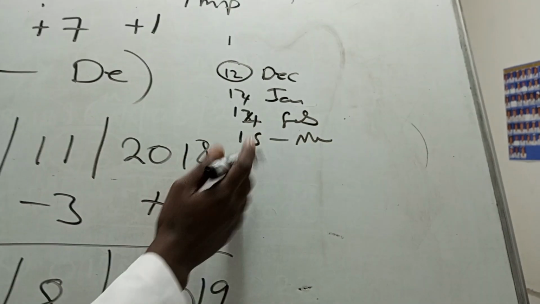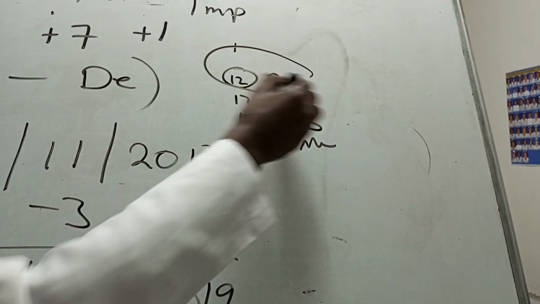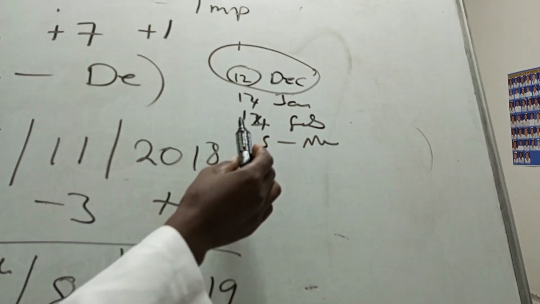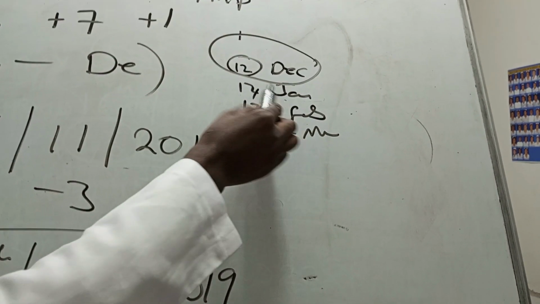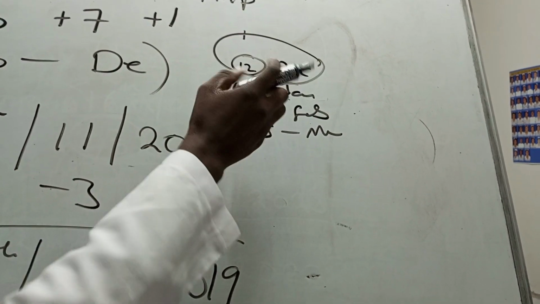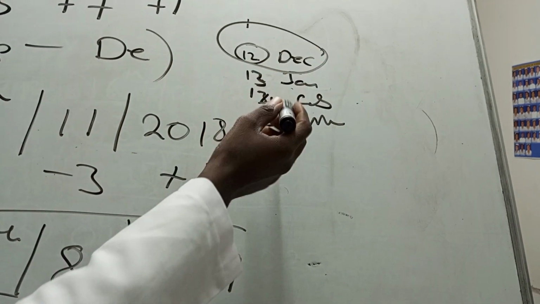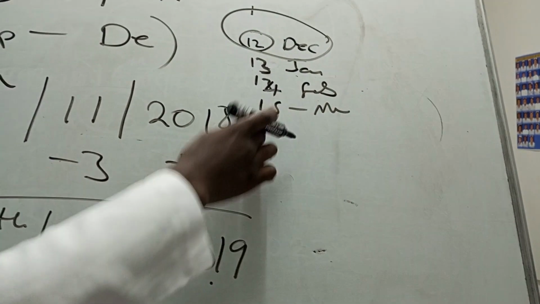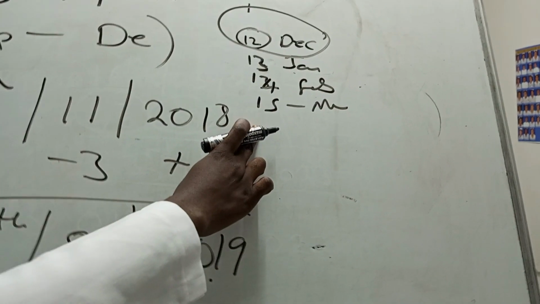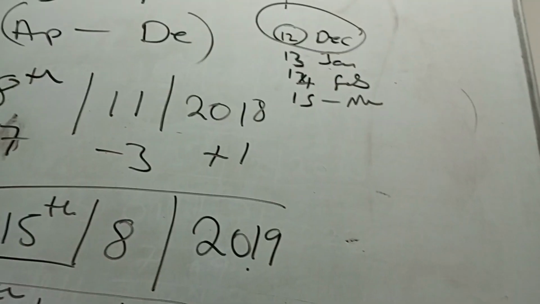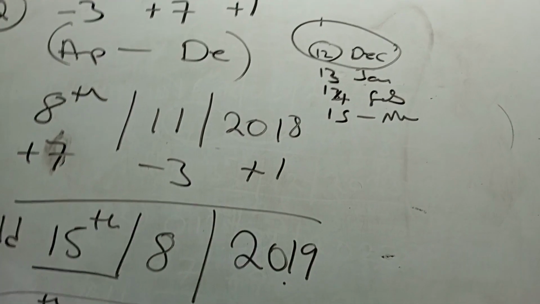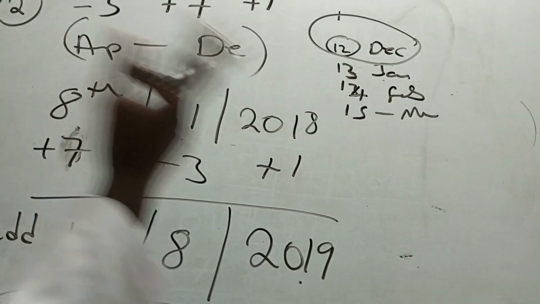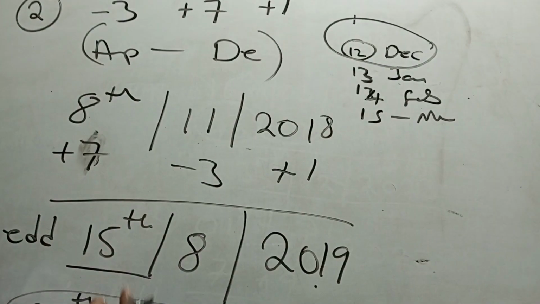So from December, which was the 12th month in the calendar, we are going to add January, which is the 13th month, then February the 14th month, and March the 15th month. Now, let me look at one example to show you that the EDD can also be calculated using this month addition.